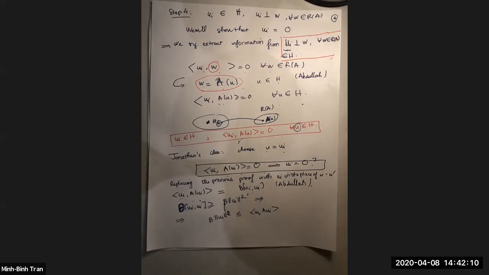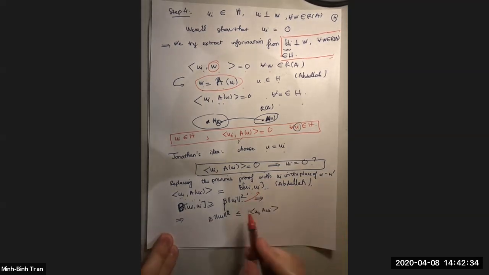So now what can you deduce from this identity? You have ⟨u_i, Au_i⟩ is B(u_i, u_i). You apply the coercivity to B. You have this is bigger than beta ||u_i||^2. Then you replace this into the right hand side of the equation, which means that this has to be bigger than beta ||u_i||^2.